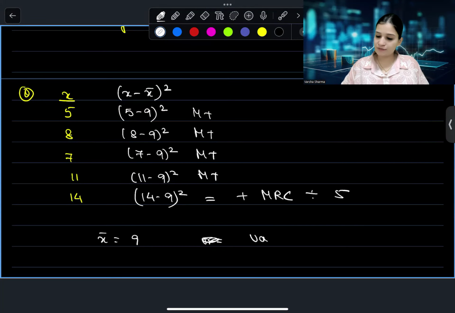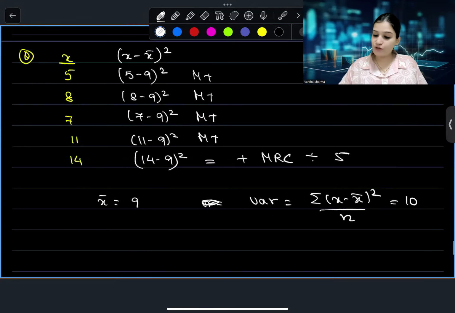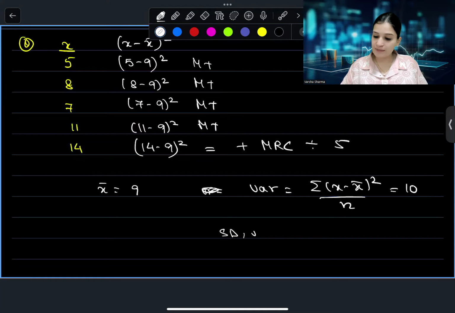First, variance: 10. Summation x minus x bar square by n. This is 10. And if you ask me standard deviation sigma, it will be root over 10. Root over 10 is 3.16.